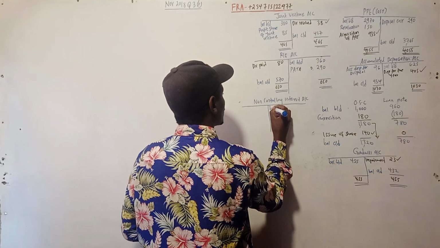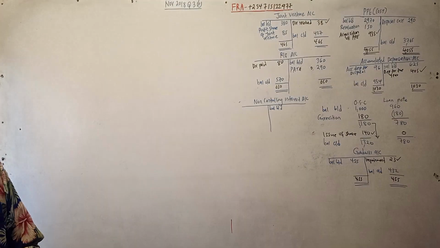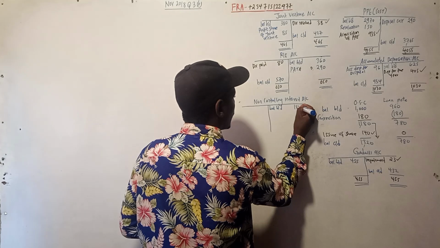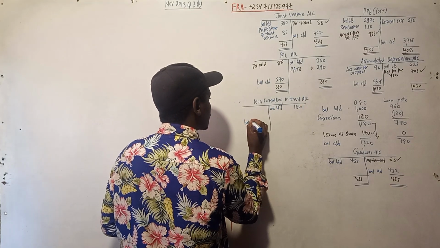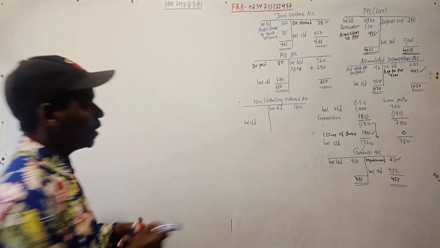Because it's a liability, the balance is on the credit side. The balance at the beginning is 180. Then you have the balance carried down, which is 186.